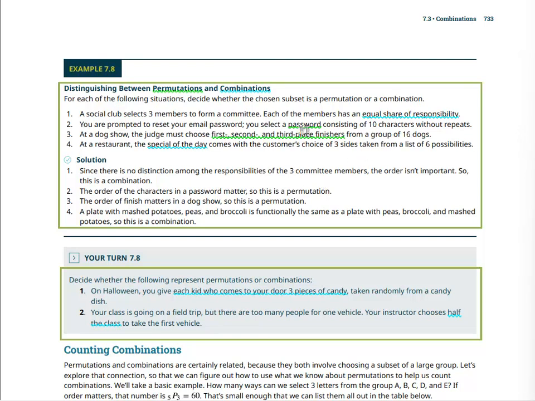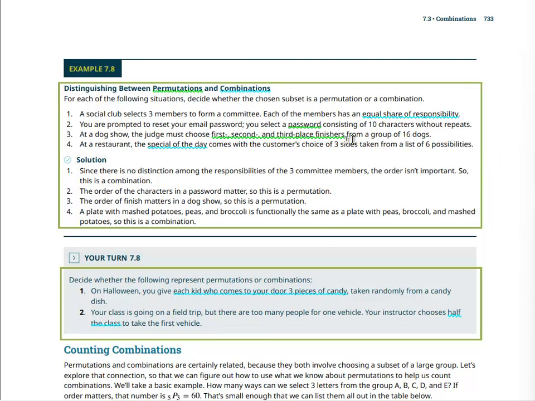For the password, well, even though it doesn't say so, the order definitely matters. Okay, so you take the same 10 letters for your password, and if you scramble them, well, it's a totally different password, and you scramble them again, totally different password, and you have all these permutations, so definitely that matters, and that would be a permutation.